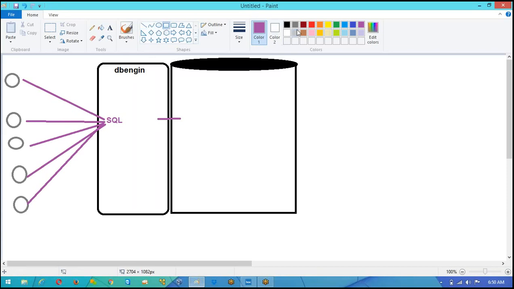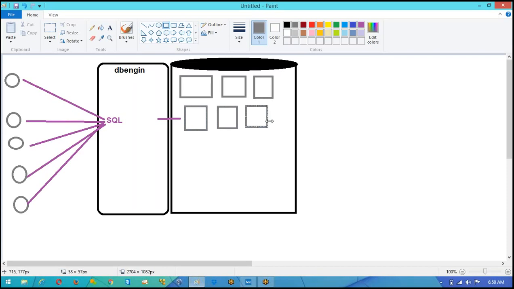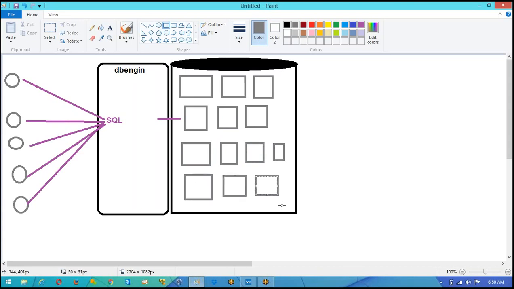The database contains tables. Data is stored in the form of tables. This much all of you know, right? This much all of you understand, right? Sir. Kiran, Navya.